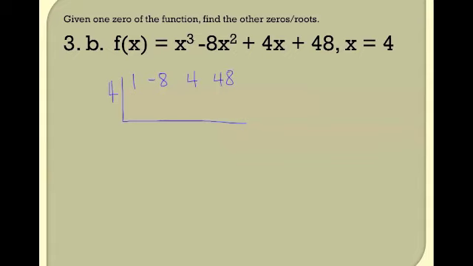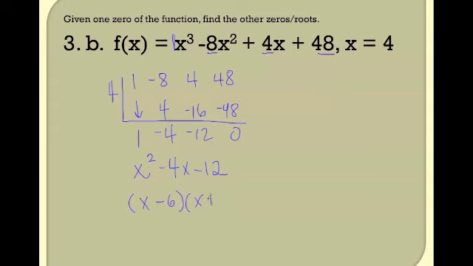Again, the numbers across the top are 1, -8, -4, and 48. Bring down my 1. And then my polynomial from that would be x squared minus 2x minus 12, and I can factor that as x minus 6 times x plus 2.